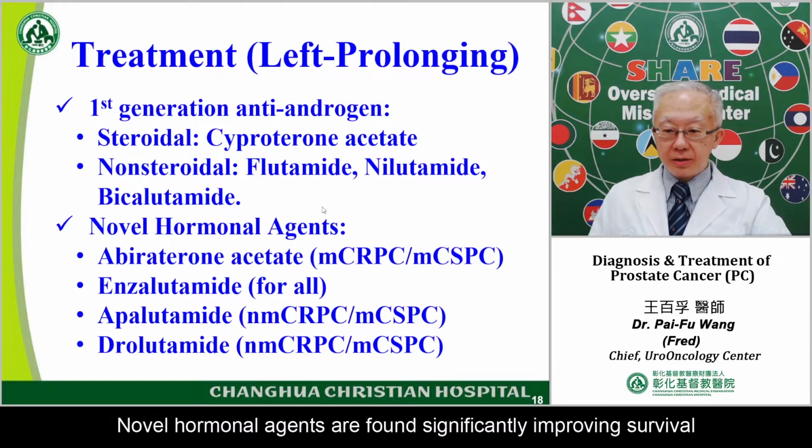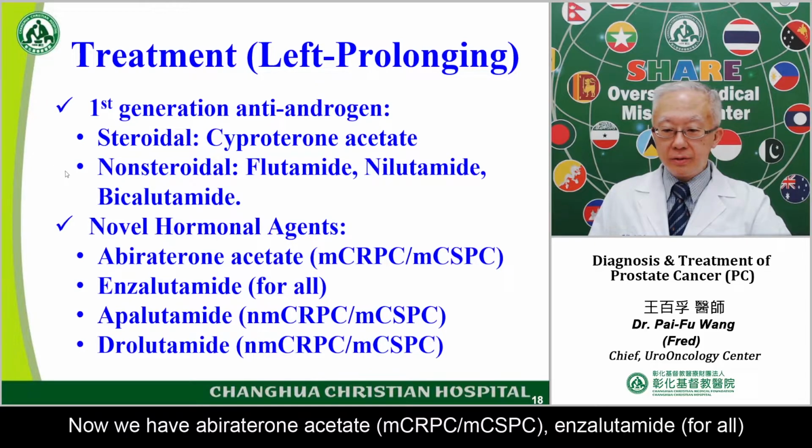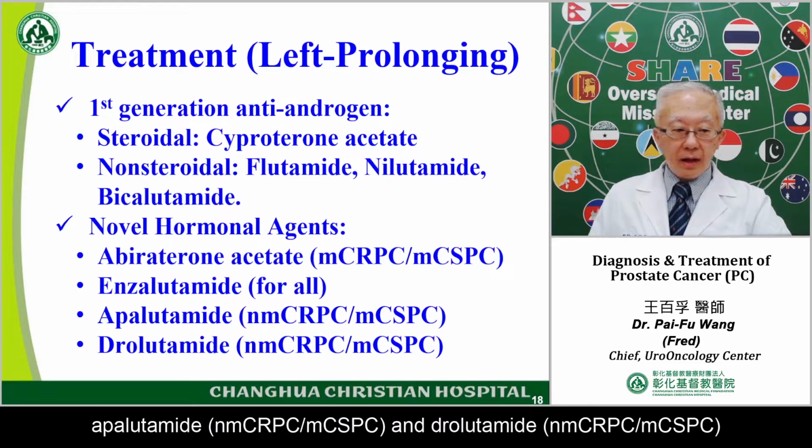Novel hormonal agents have been found to significantly improve survival and delay progression. Now we have abiraterone acetate for metastatic castration-resistant prostate cancer and metastatic castration-sensitive prostate cancer, enzalutamide for all, and apalutamide and darolutamide for non-metastatic castration-resistant prostate cancer and metastatic castration-sensitive prostate cancer.